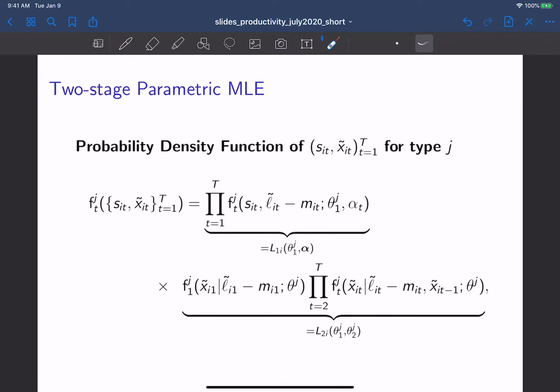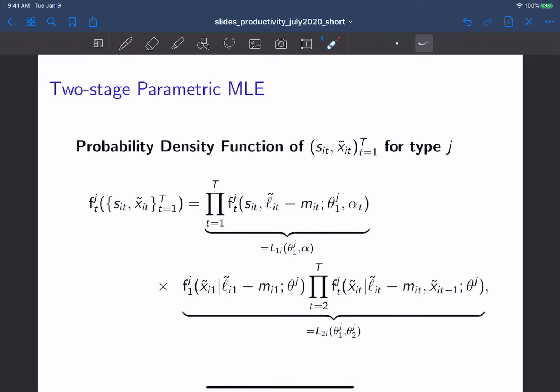So we're gonna use a 2-stage parametric MLE, so we can decompose the type specific probability density function into 2 parts. The first part is the share equation part, which has a very simple form, and then the second term is going to include the more complicated part.